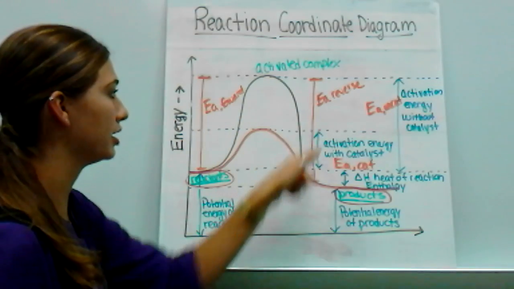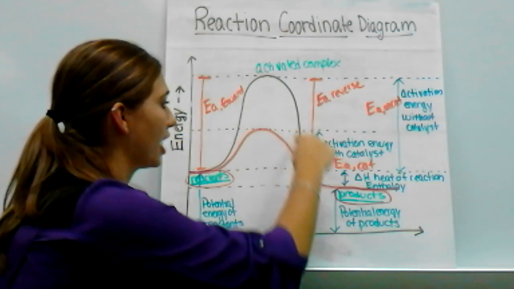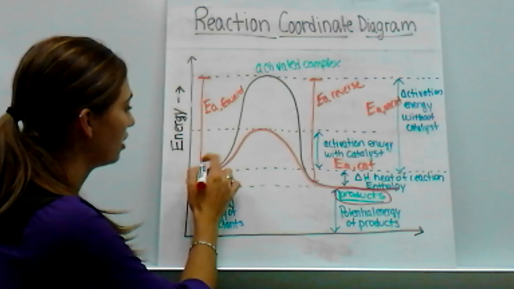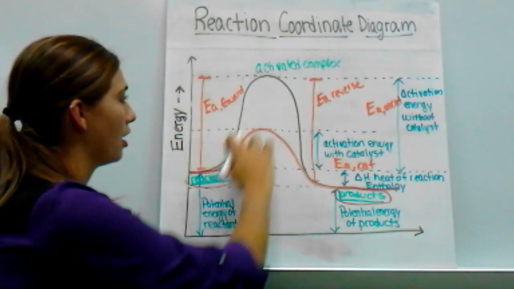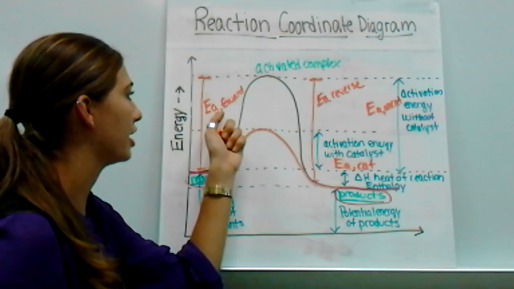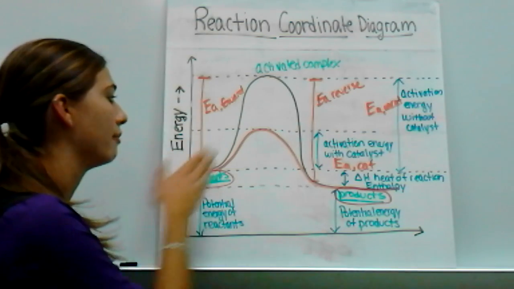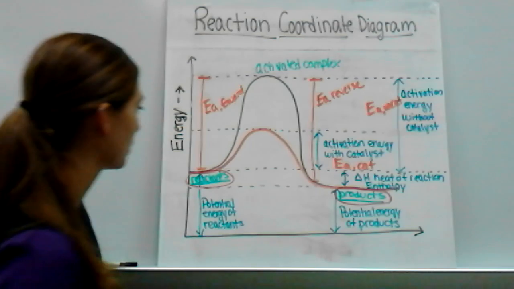This black line is the pathway that the reaction would take if no catalyst was present. The amount of energy to get from the reactants to the very top of this pathway is called the activation energy, and that is for our forward reaction.